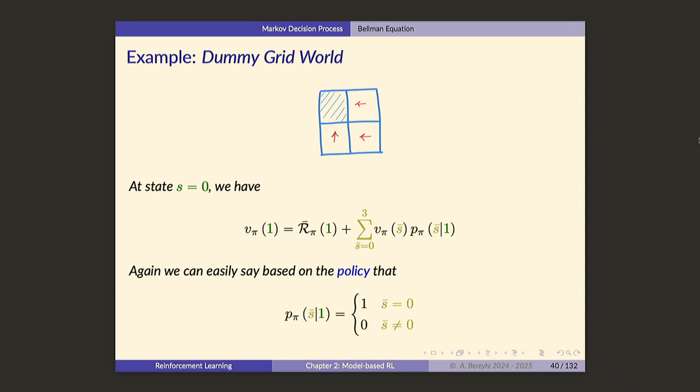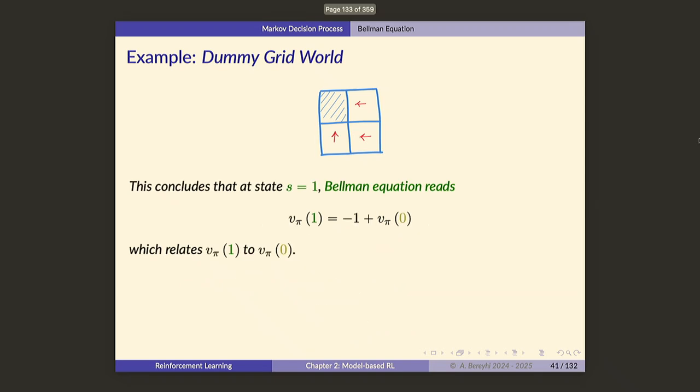Now, what's going to be this term then? 0, right? So this whole summation is going to be v pi 0, which means that the value of your policy at state 1 is going to be the value of your policy at state 0 plus -1, right?